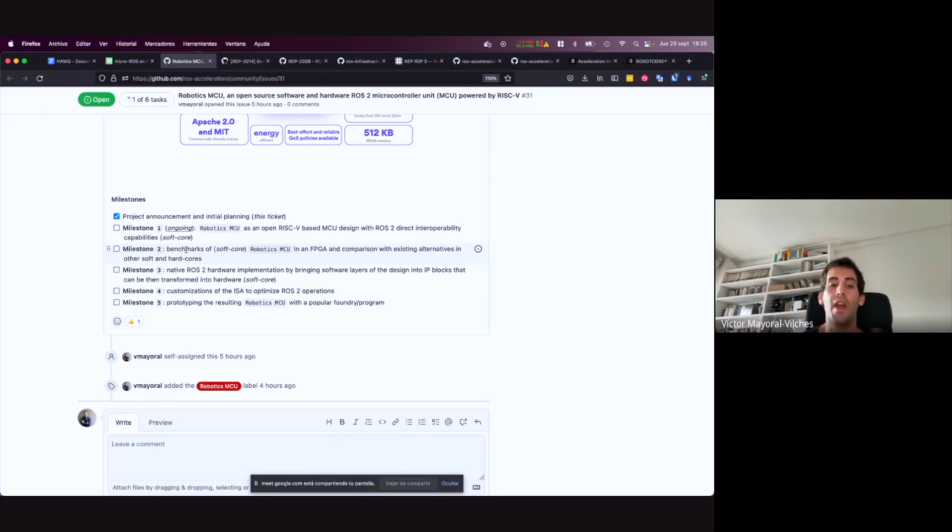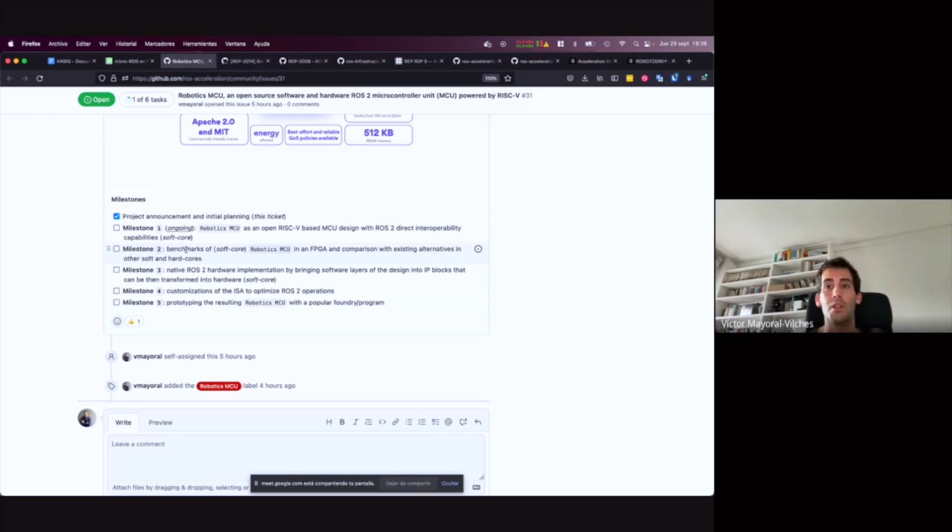Finally, provided we have completed everything and we are satisfied with the result, then we will look into bringing the soft core, again, in every single one of these steps we would be prototyping everything in an FPGA, into a hardcore, into a physical chip, if you wish.